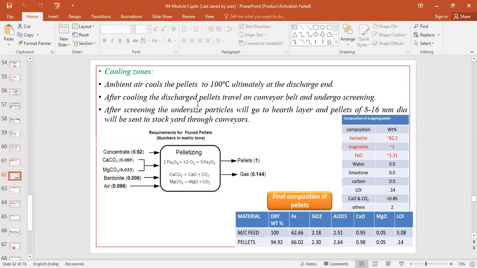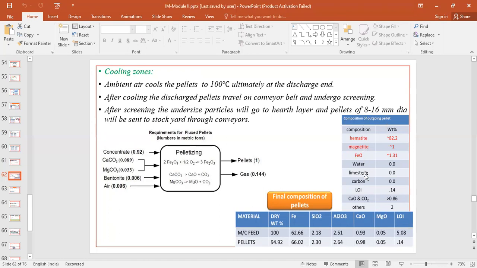After cooling, the discharged pellets will again travel on a conveyor belt for screening, where they will be screened between 8 to 16 mm, and the undersize and oversize will again be sent to the stockyard by conveyors, and they can be used as a hearth layer.